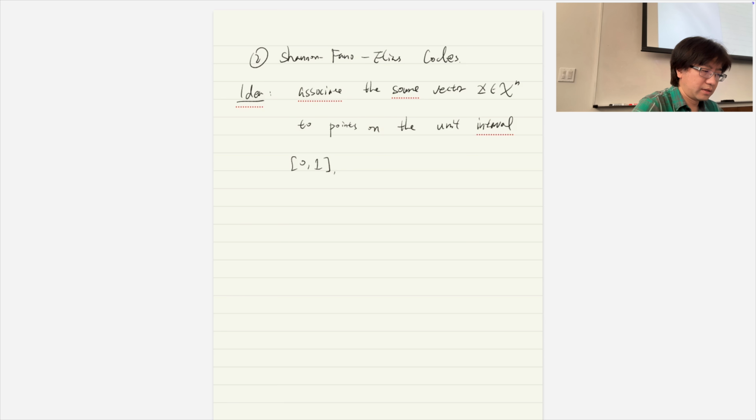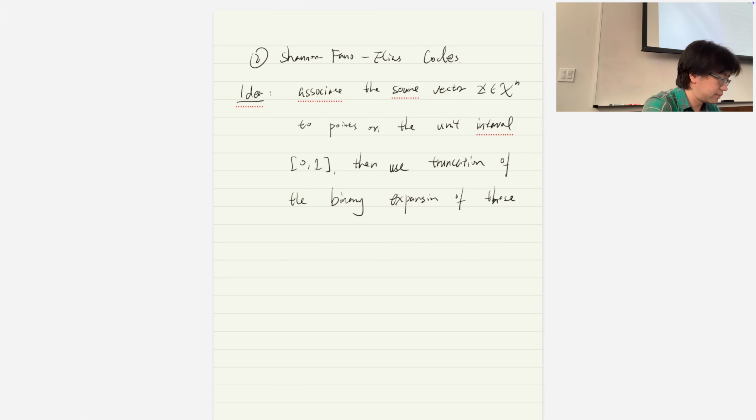So we use the truncation of the binary expansion of this point as code words. This is the basic idea.